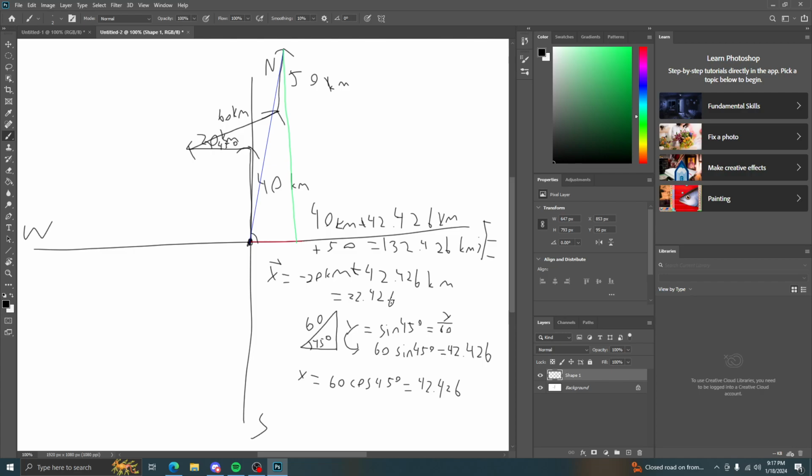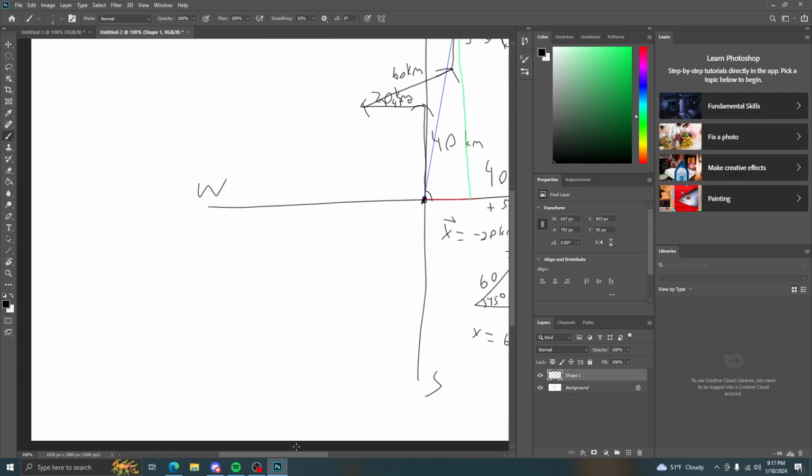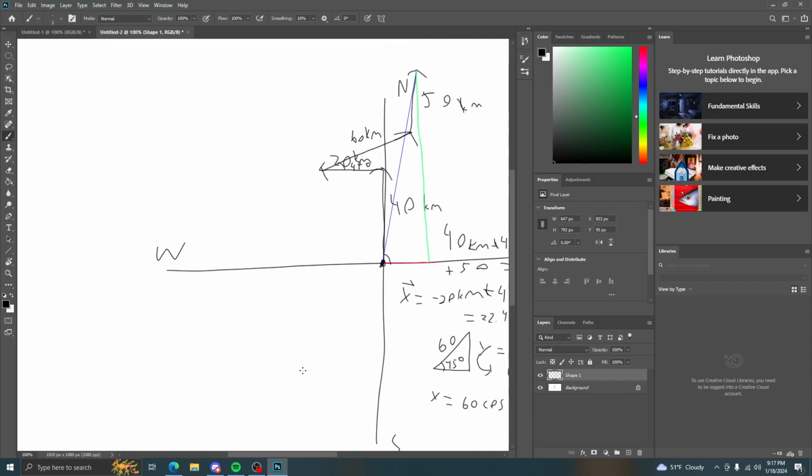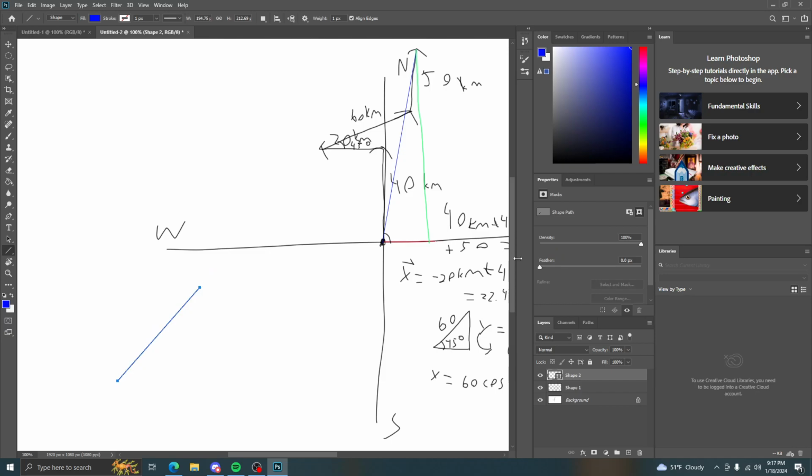And then I'm going to redraw the triangle, the vector for the total displacement here.